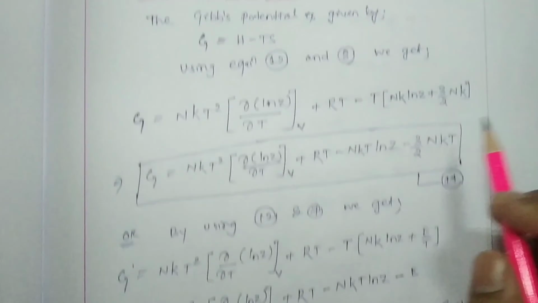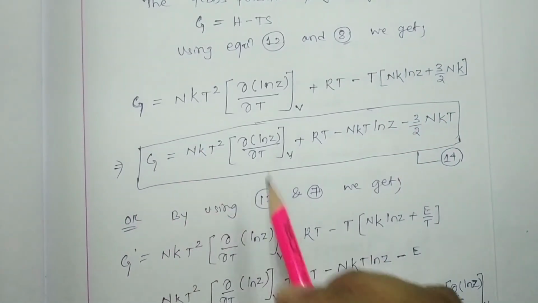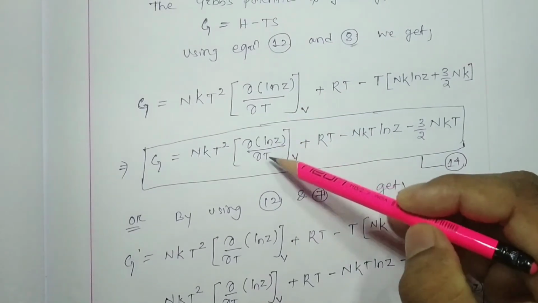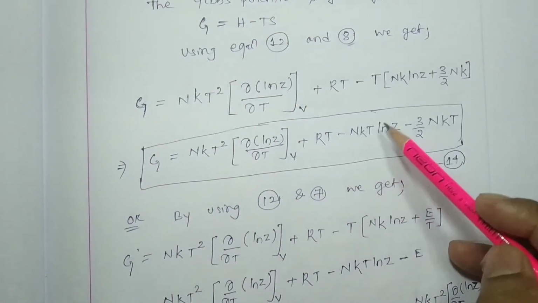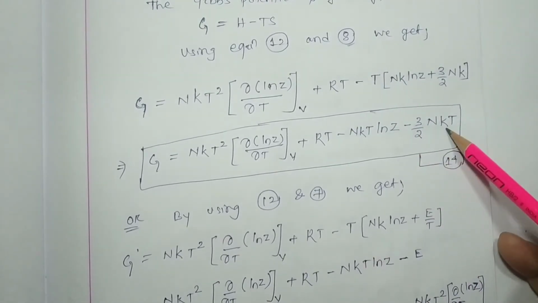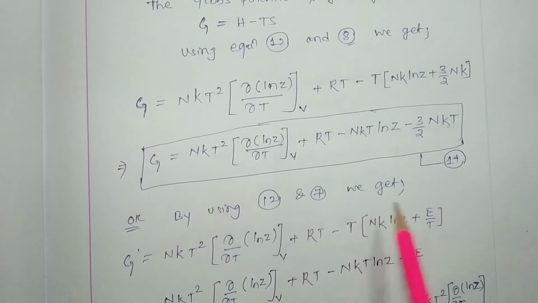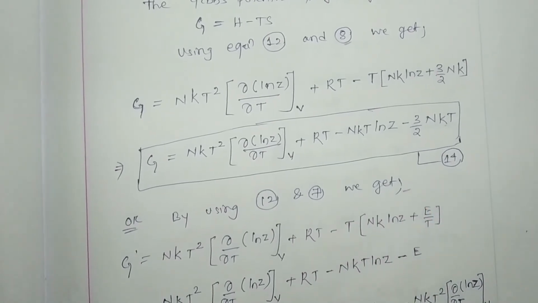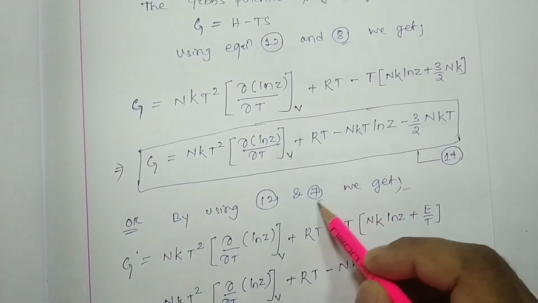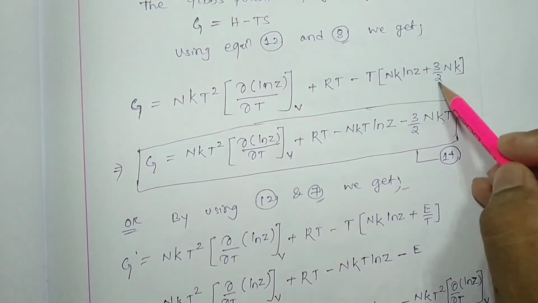Now just simplify. You can get G equal to nkT square del ln z by del T at constant V plus RT minus nkT ln z minus 3 by 2 nkT. By using equation number 12 and 7, we can get this. If we consider 8, it is 3 by 2 nk.